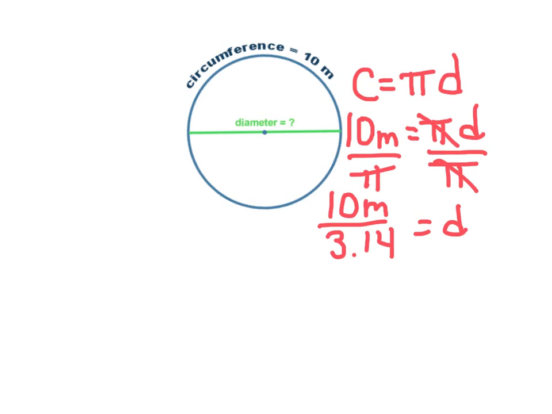And we're going to get an approximate answer for our diameter. Our diameter is approximately equal to 3.18. I went to the nearest hundredth, but my answer actually kept going and going. It had a lot more digits than that, so I just rounded to the nearest hundredth. So did that match what you had?